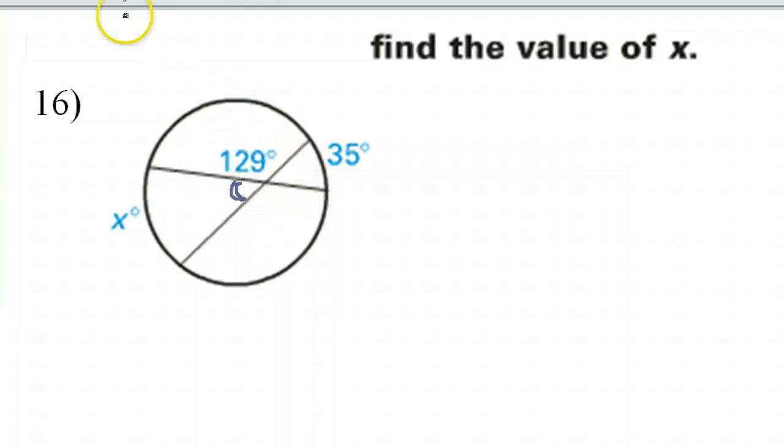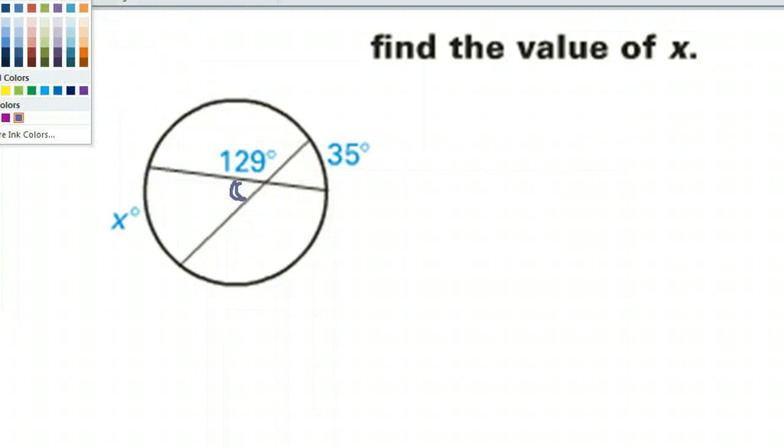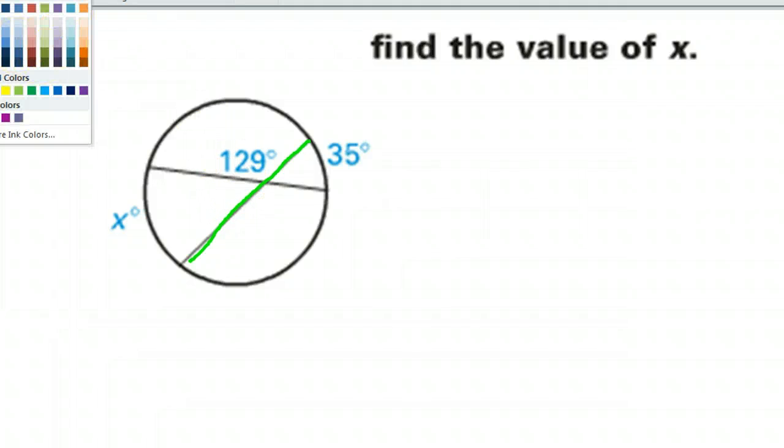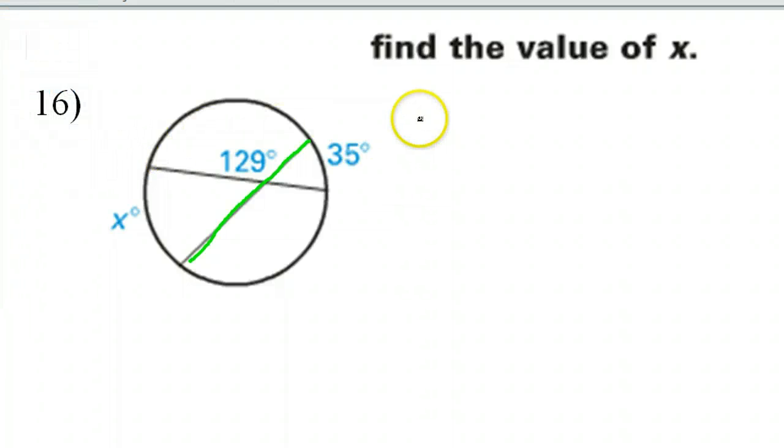Based on what I just taught you on the previous problem, you see that this is a straight line. So how could I find this other angle over here? I can subtract from 180. Off to the side somewhere, I'm going to do 180 minus 129.